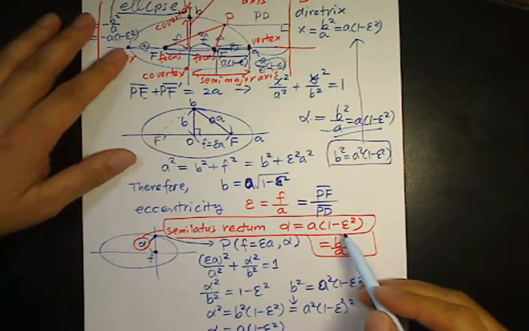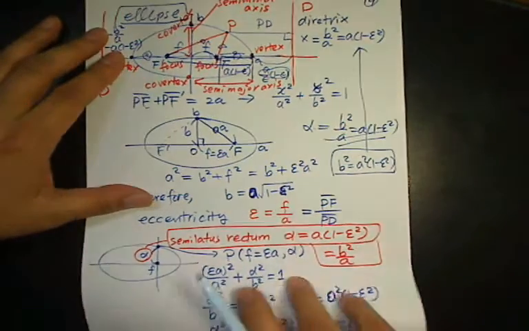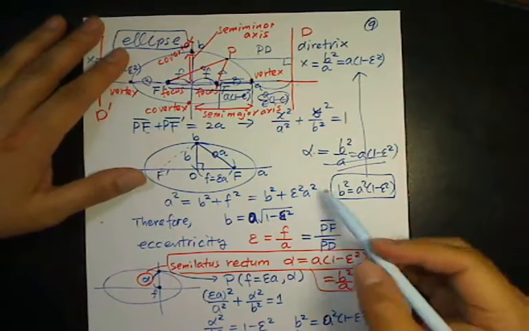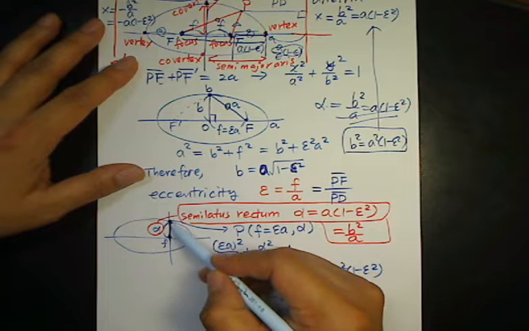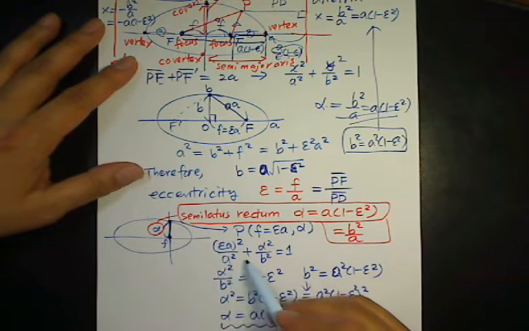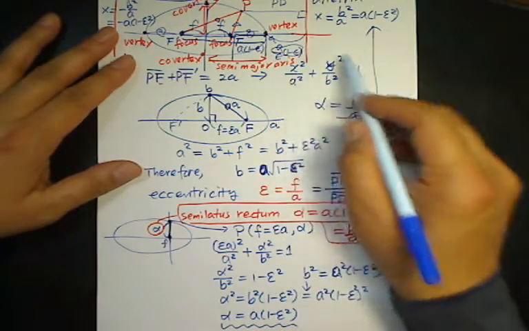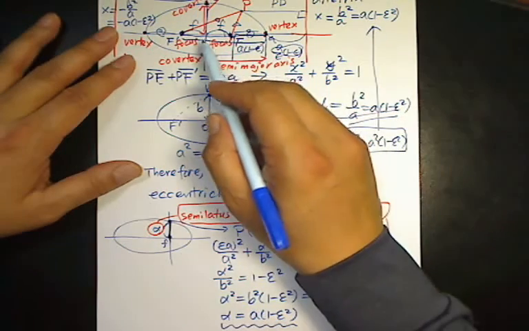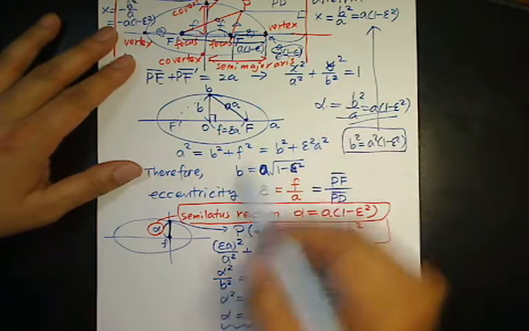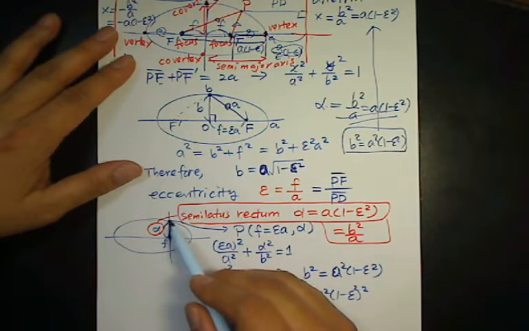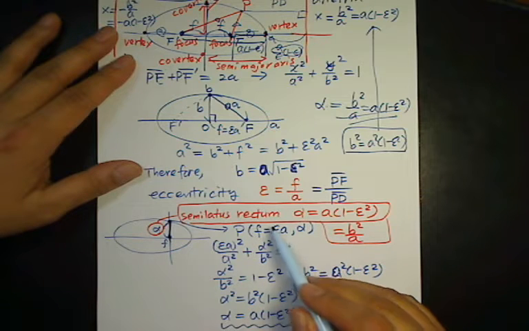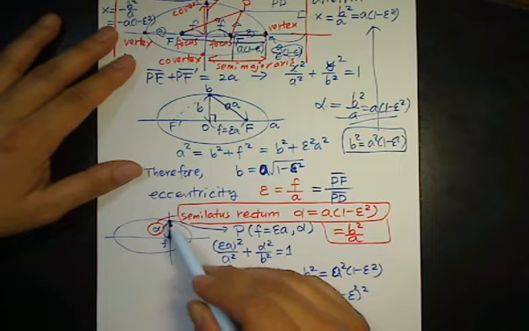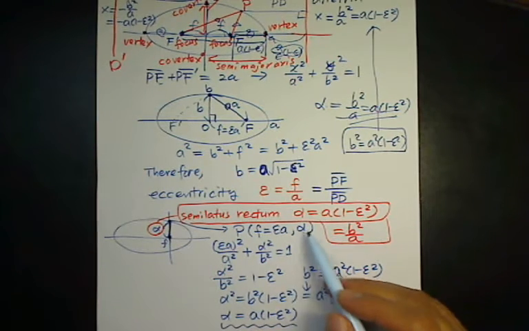So eccentricity can also be expressed in terms of the semilatus rectum. This is the semilatus rectum, right? The formula for this ellipse with the origin at the center is this. The coordinates of this point are: x component epsilon a, and y component the semilatus rectum.